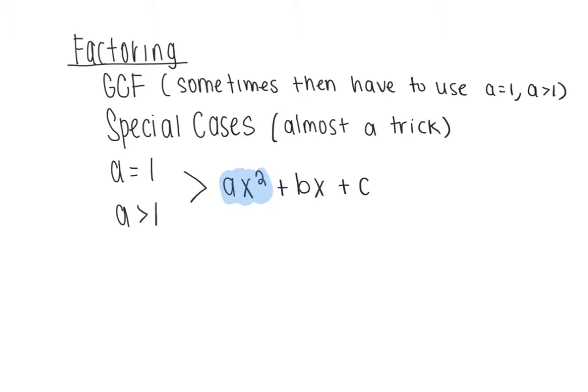For A equals 1, we're going to be doing something that looks like this right off the bat. For A is greater than 1, you have to go straight to grouping. Okay?